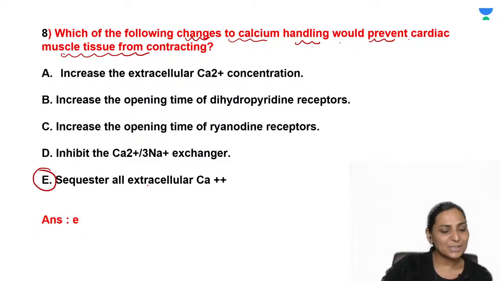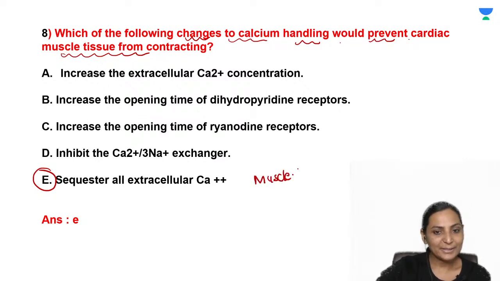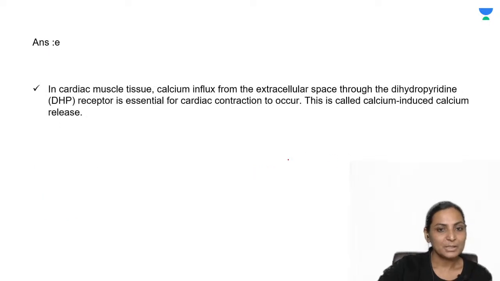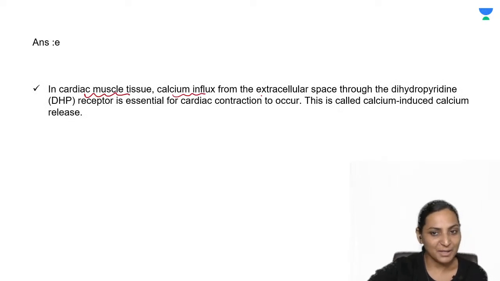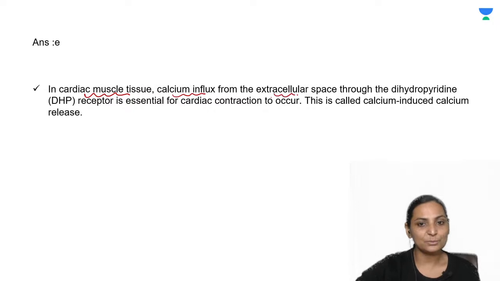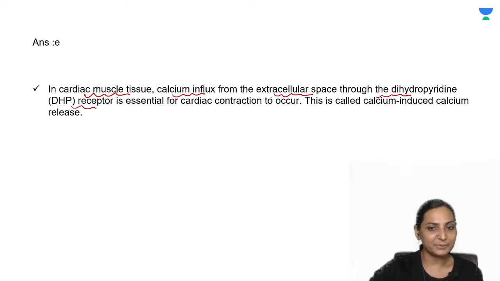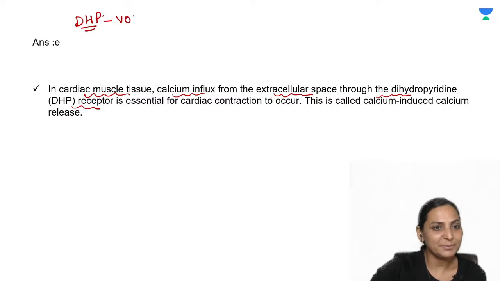That means when you sequester all the calcium, there is going to be muscle relaxation. Now, in the cardiac muscle, the calcium influx from the extracellular space is brought about by the dihydropyridine receptor, and in the skeletal muscles, the DHP receptors mainly behave as the voltage sensors.